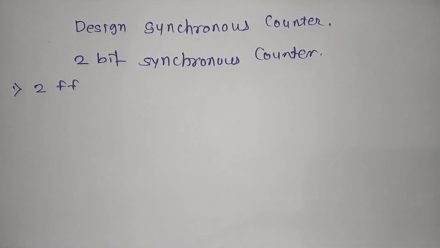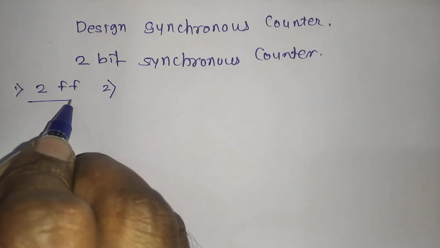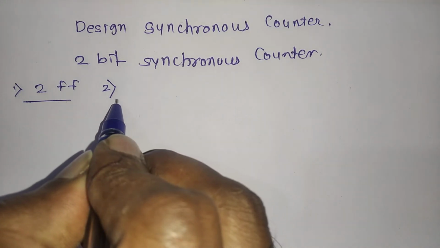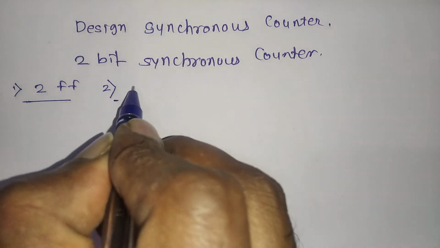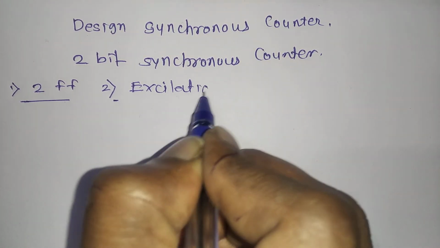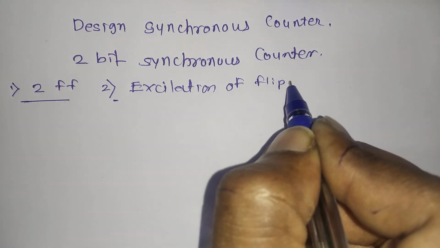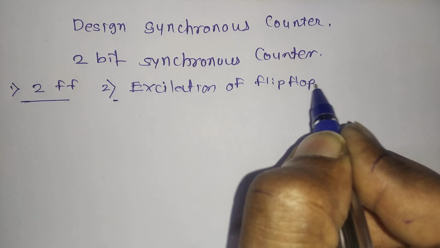Second step, we have to use the excitation table of the used flip-flop. So, first of all, we have to calculate the number of flip-flops required. Then we have to use the excitation table of the flip-flops used in the design.